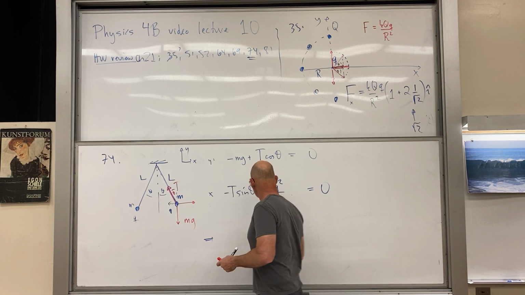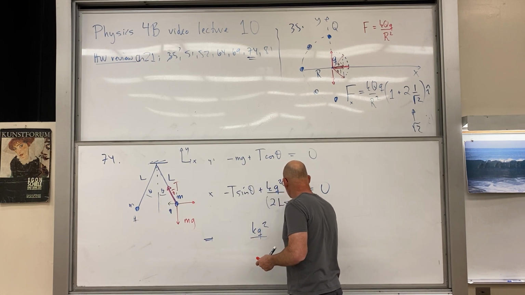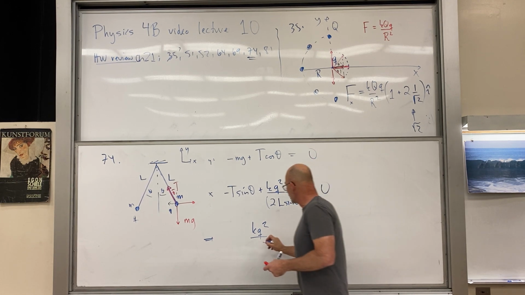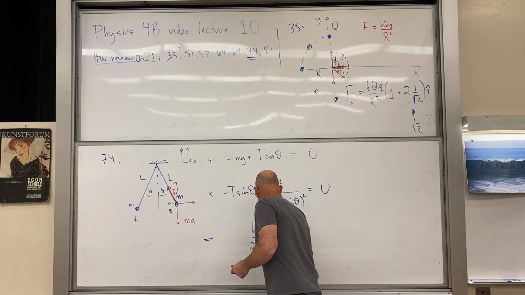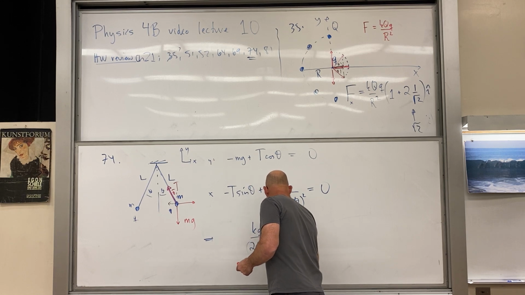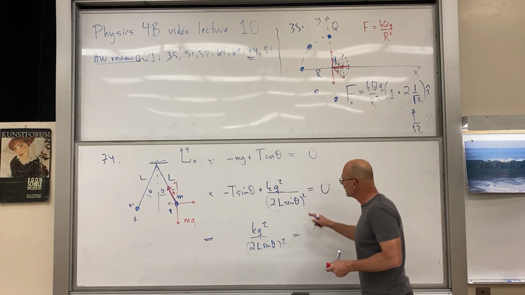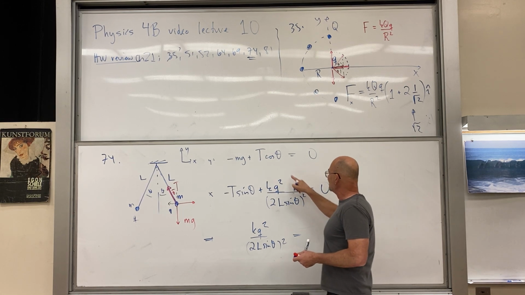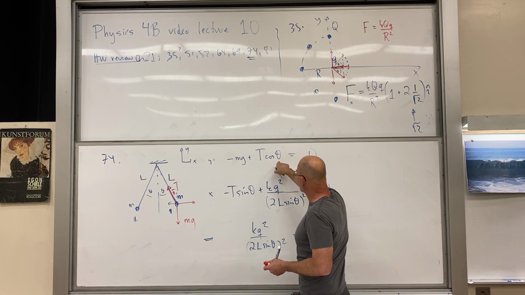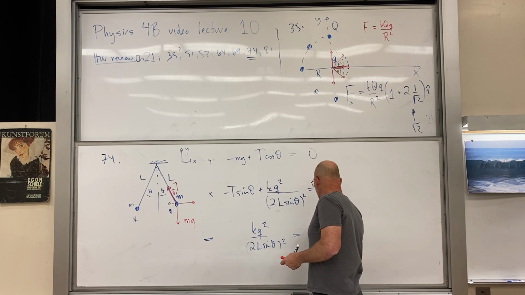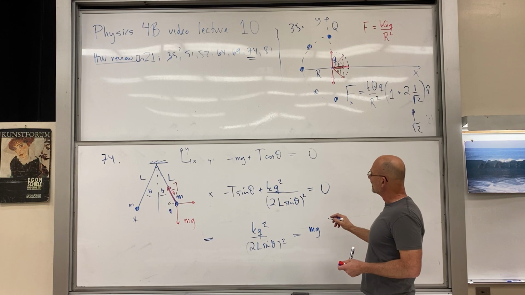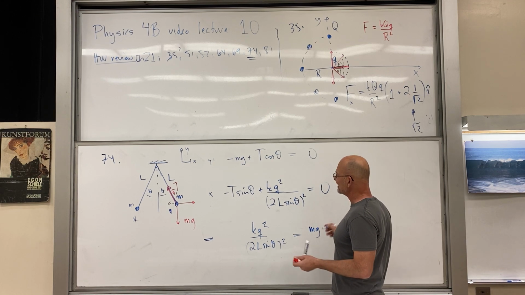L sine theta, so 2L sine theta, quantity squared. So kq squared over 2L sine theta, the quantity squared, equals T sine theta, bringing that over to the right side, and T is equal to mg over cosine theta, so we're looking at mg sine theta over cosine theta.